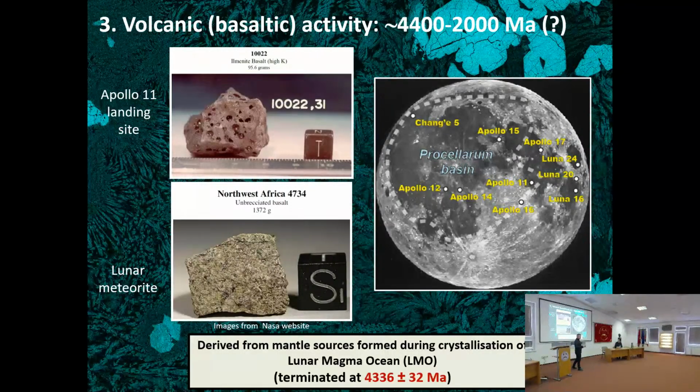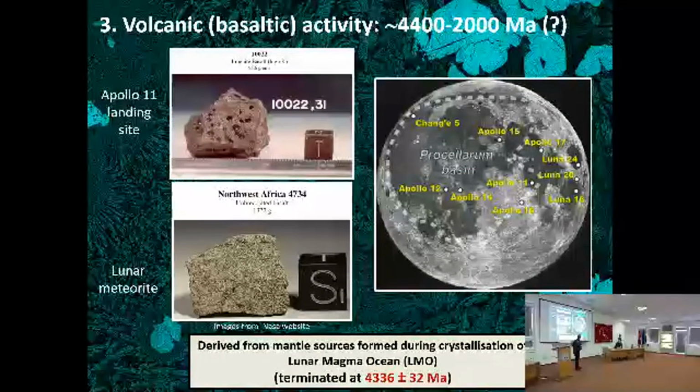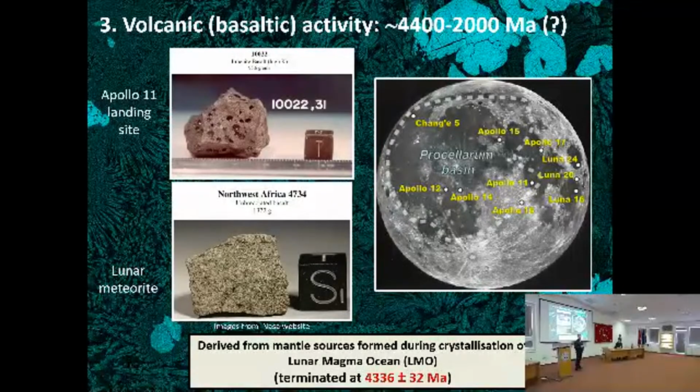The thing is, so far, in the theory of the LMO crystallization sequence, the basalts are derived from sources formed during the crystallization of the LMO. And crystallization of the LMO was terminated 36 million years plus minus 32 million years.